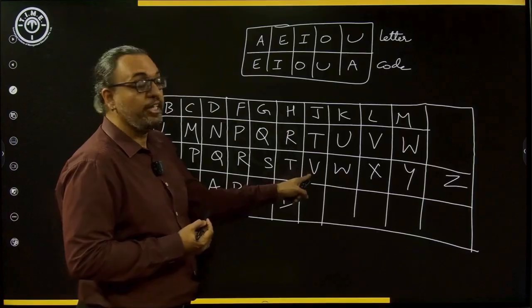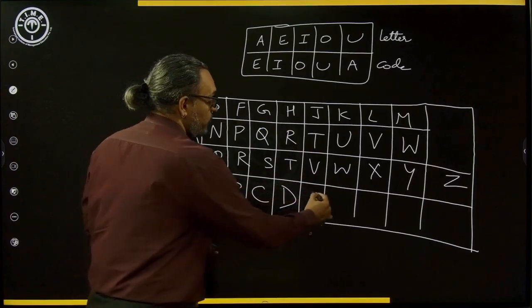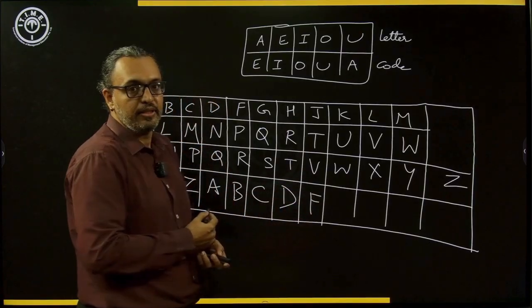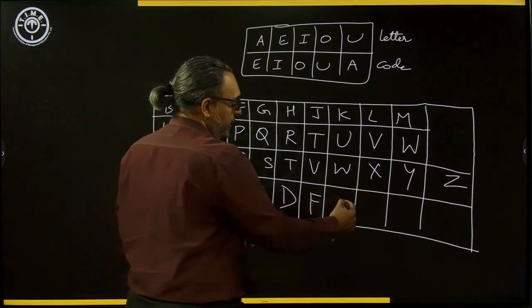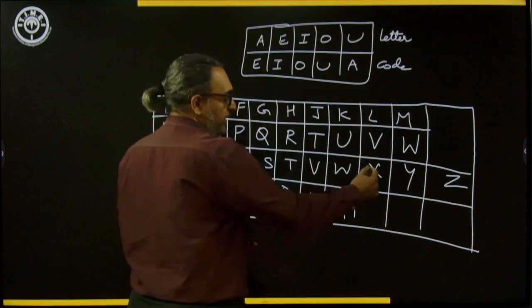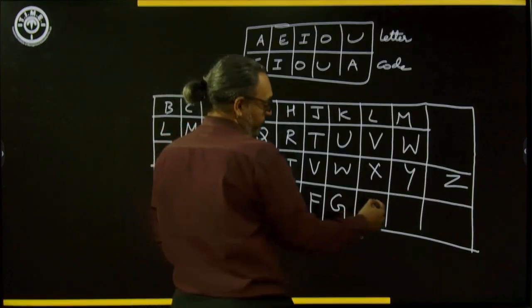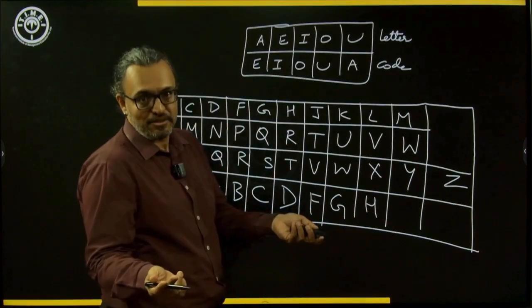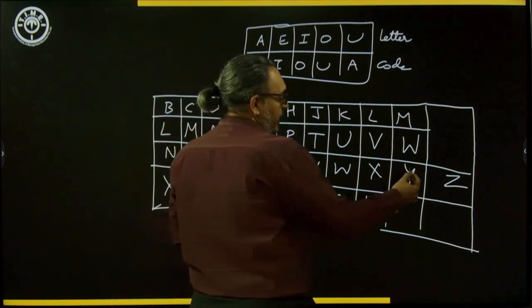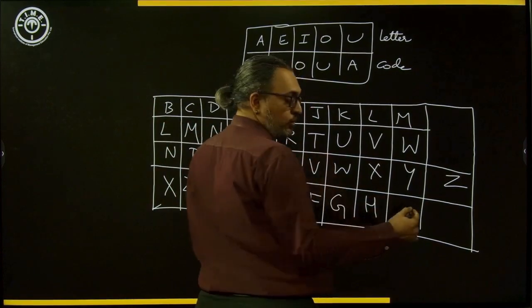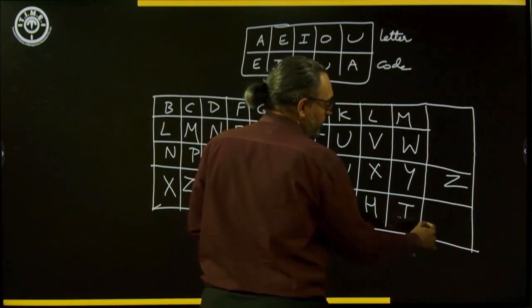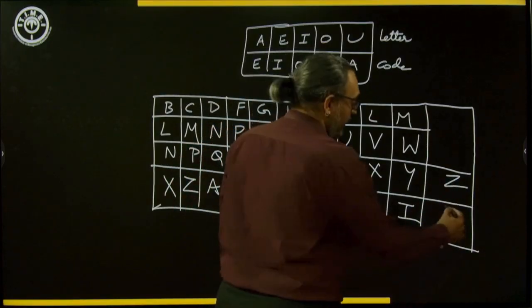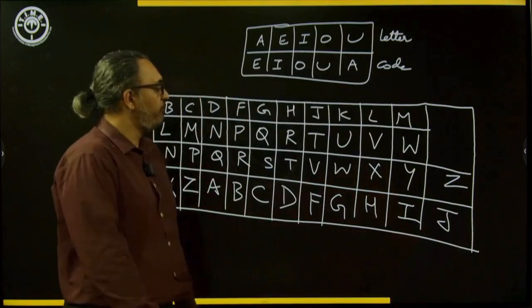So this is 22, 22 plus 10, 32, so you get F. Then this is 33, G. Then 24 plus 10, 34, H. 34 is 26 plus 8, the 8th alphabet. Then 25 plus 10, 35. So it is the 9th alphabet. And 26 plus 10, 36, the 10th alphabet.